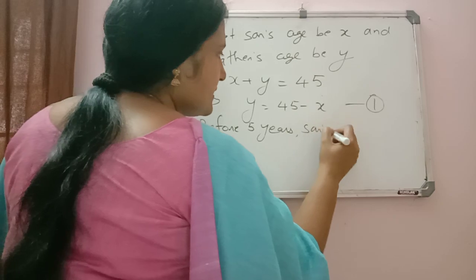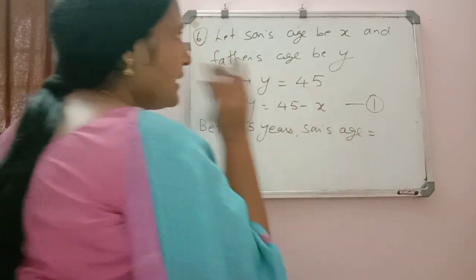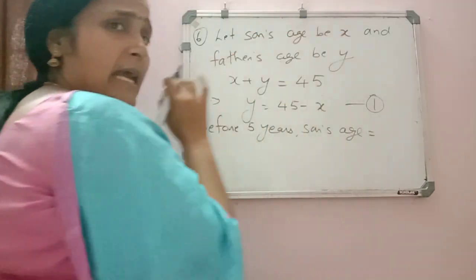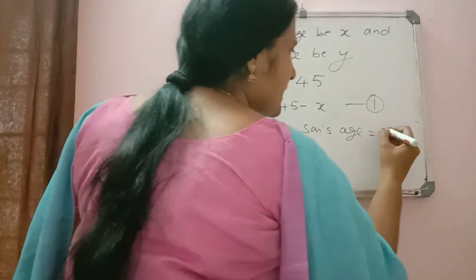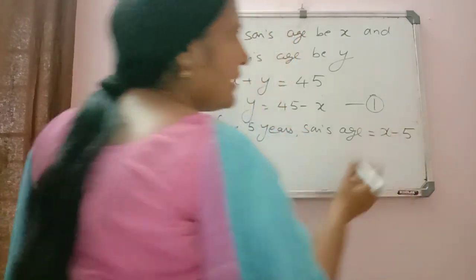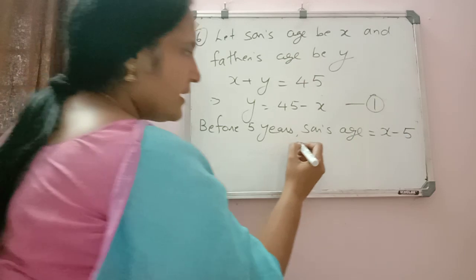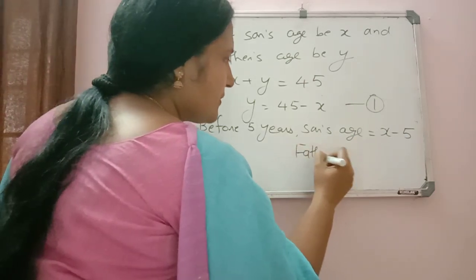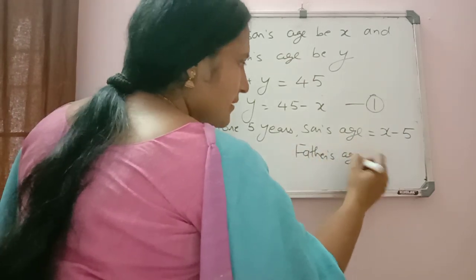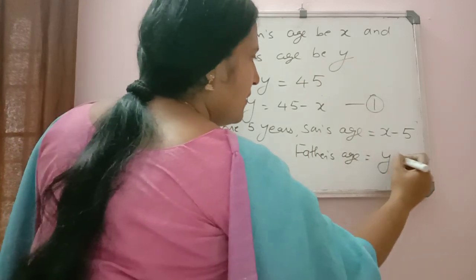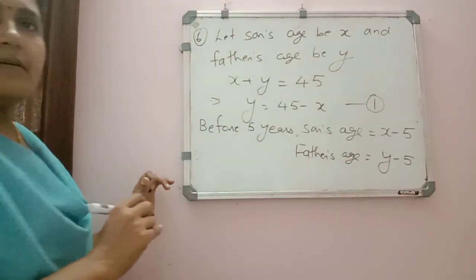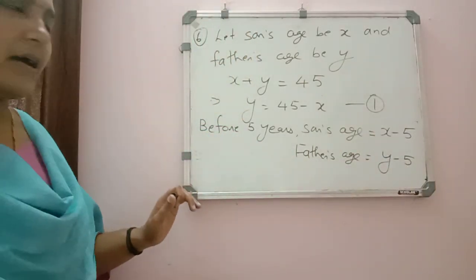Before 5 years, son's age will be equal to X minus 5, since at present son's age is X. Similarly, father's age will be Y minus 5. Step by step we are doing the question.